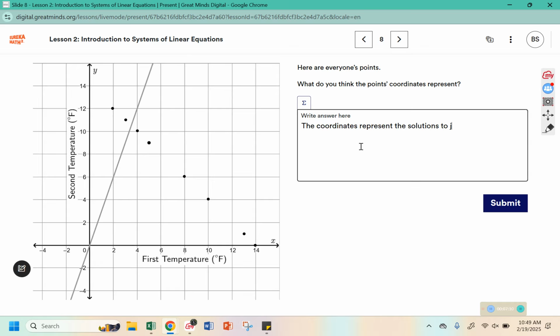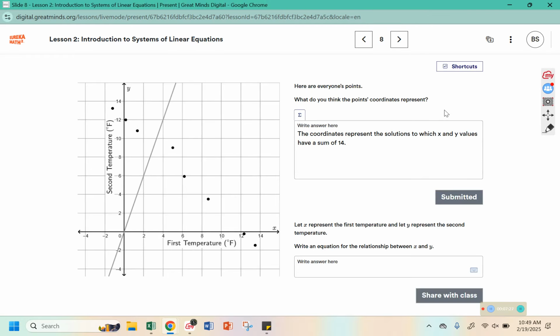The coordinates represent the solutions to which x and y values have a sum of 14. If you look at the first temperature and the second temperature, those points add up to 14. And for this section, it shows to write an equation. So I have the x value plus the y value must equal 14.